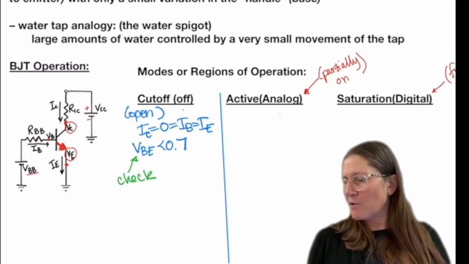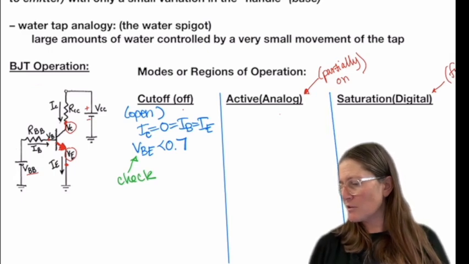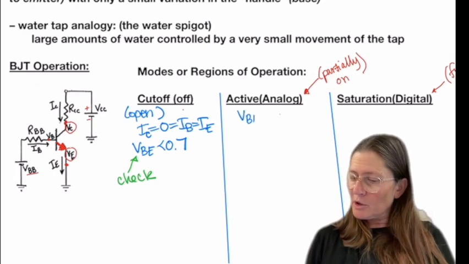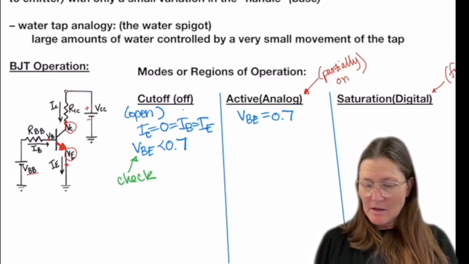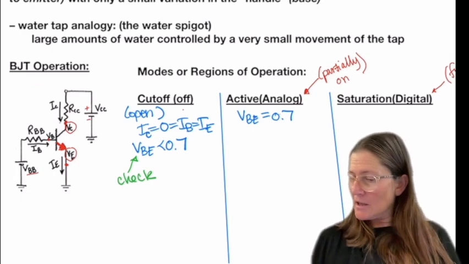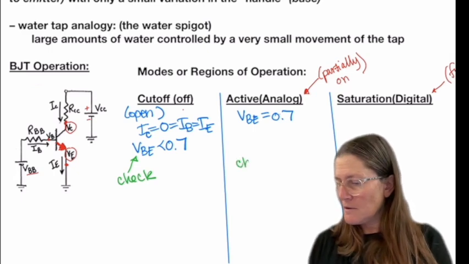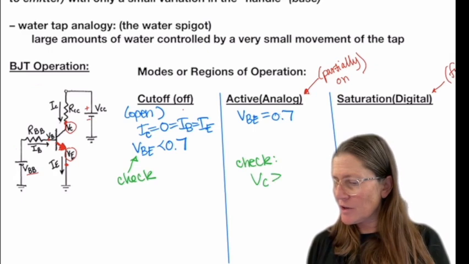Okay. For active, which is what we use for the analog region, you will use an assumption that VBE is 0.7, and then you're going to check that VC is greater than VB.